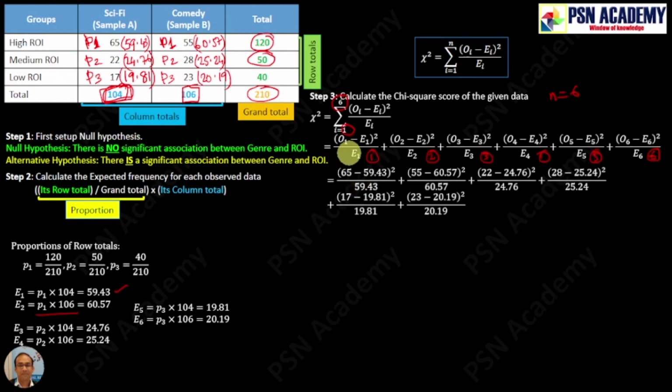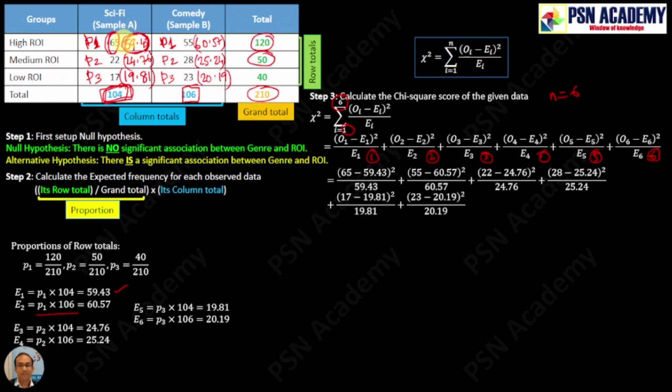I will explain the first term only. O1 is 65. You see, here is 65. So observed data 1 is 65, minus the corresponding expected frequency for 65, which is 59.43.